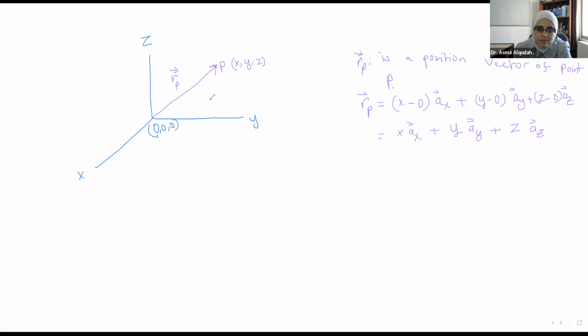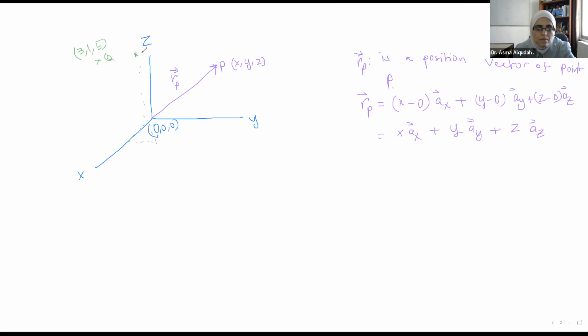Let's say we have a point Q somewhere here in this space. The coordinates of Q are 3, 1, and 5. So you move 3 units in the X direction, 1 unit in the Y direction, and 5 units in the Z direction to reach this point.